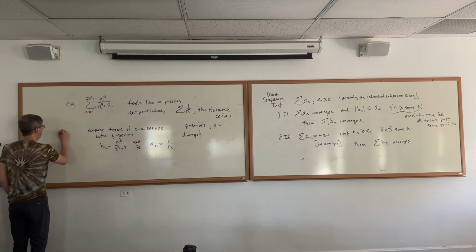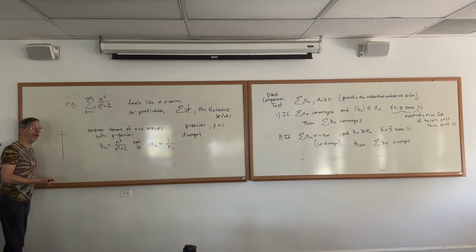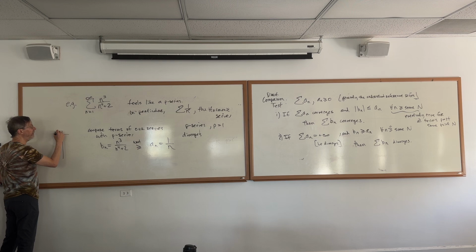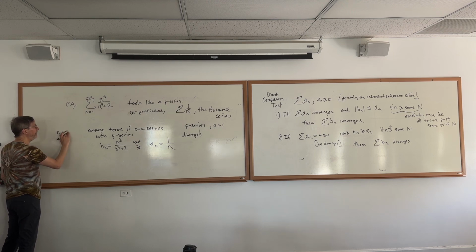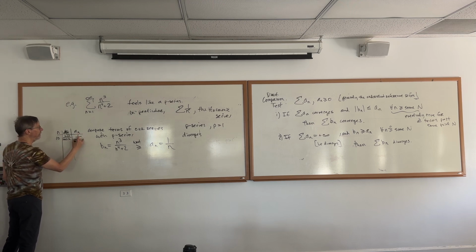Let's look at some n's, right? Let's just pick a couple here. Maybe if someone could give a calculator out, that would be pretty cool, or a phone, right? So let's do some n's. Let's do the B sub n, and then let's do the A sub n, just to get a feel. So let's do n is just 10. And so I've got 1,000 over 10,002 versus 1 over 10.